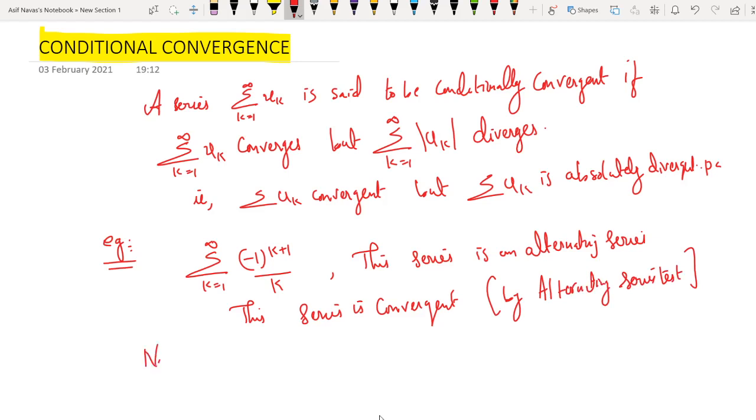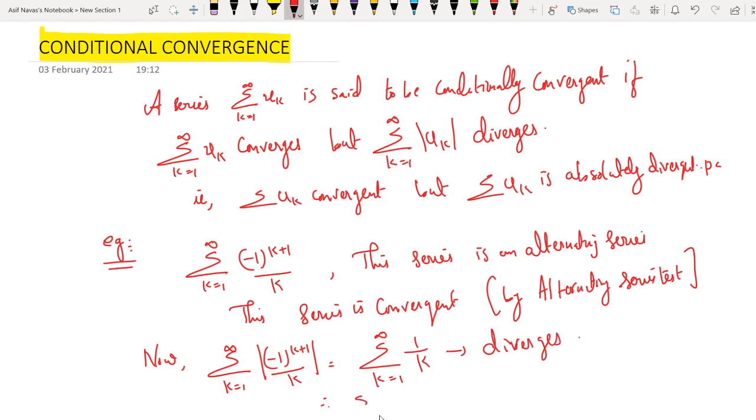Now, if we take sigma k equal to 1 to infinity modulus of (minus 1) power k plus 1 divided by k, this is actually equal to sigma k equal to 1 to infinity 1 by k. But this series diverges.